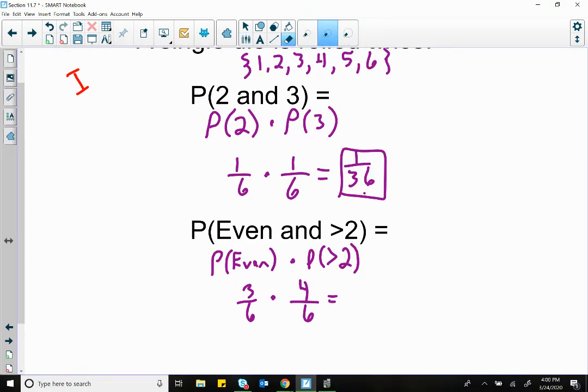So this will give you 3/6 times 4/6, which is 1/3. There you go. Again, when it's independent, all you got to do is find the probability of the first event, multiply it by the probability of the second event, and so on and so forth.